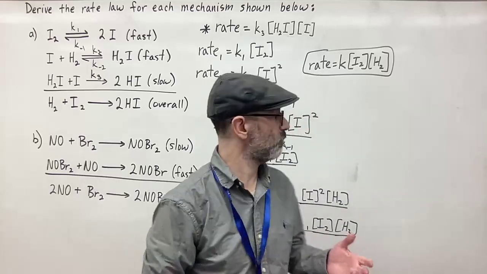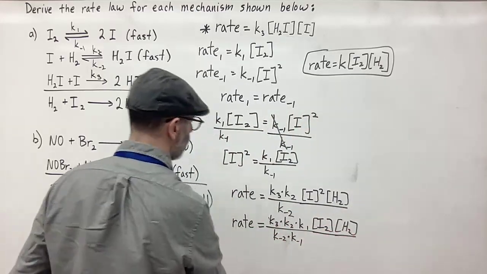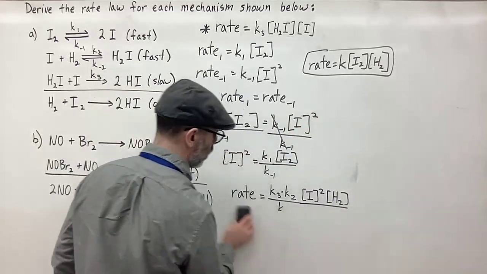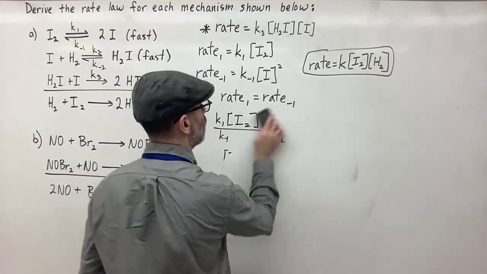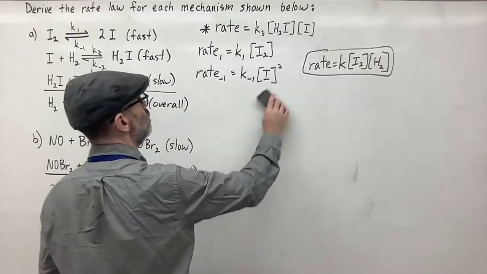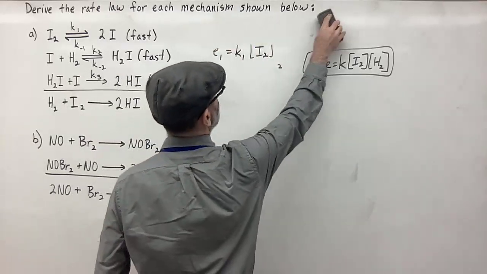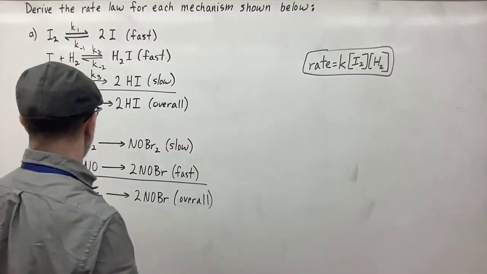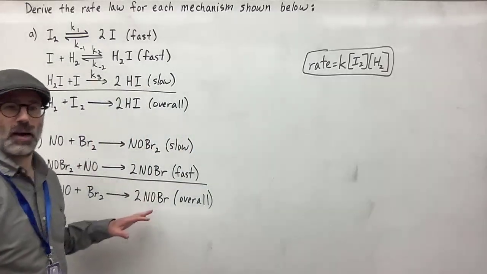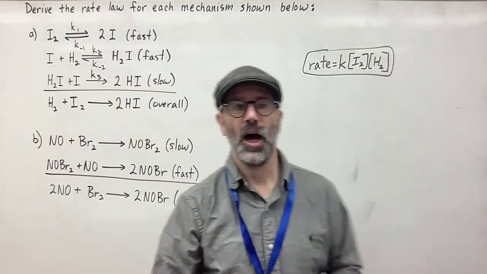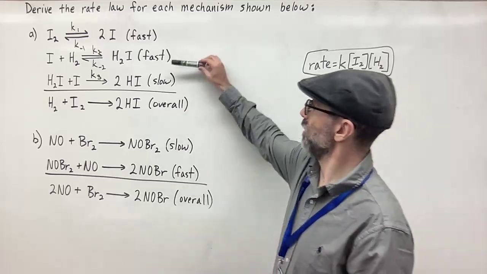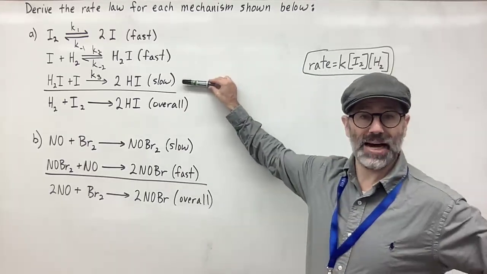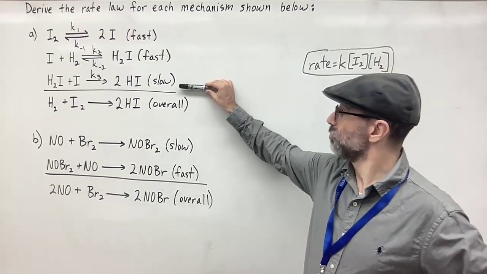Now we could do the same thing for B. So let's go ahead and do part B. Okay, now part B is actually a bit easier because notice here that the slow step was the last step, right?